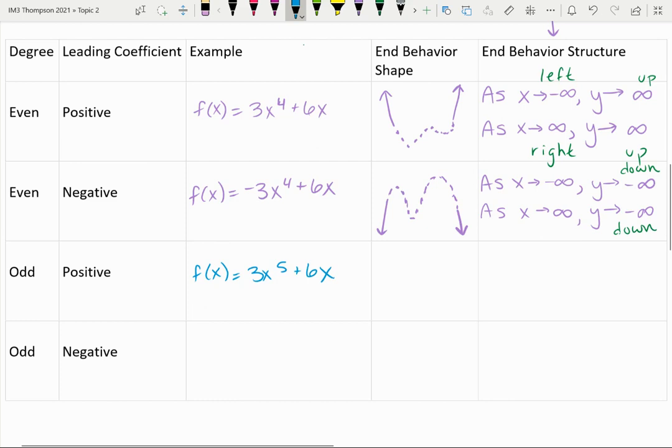And they showed you a whole bunch of different functions with odd highest degrees. And they all had something in common. They all went up to the right, and then something might happen in the middle, and then they went down to the left.